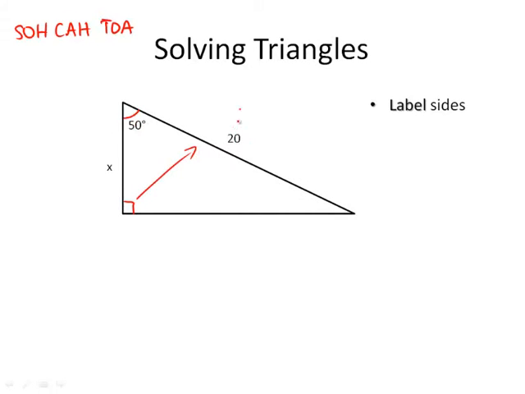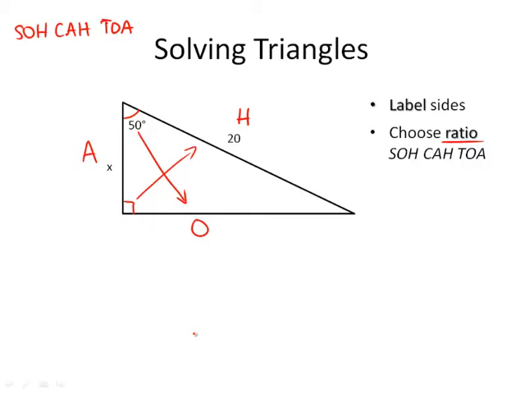So let's label our sides. Across from the 90 is always our hypotenuse. Across from our reference angle is always our opposite, and the adjacent is what's left. So we've labeled our sides. Now you want to choose your ratio. So, how do we choose?